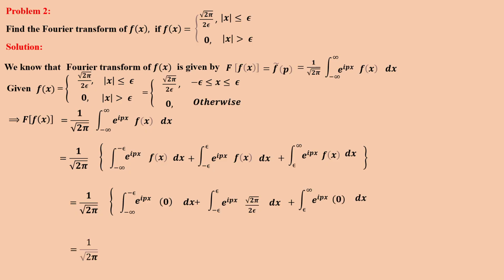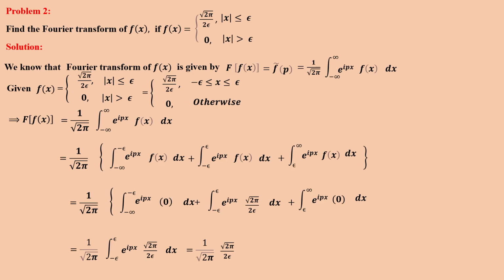That is what is given, which is equal to 1 by root 2 pi integral. So 0 into something is 0, so the other two integrals vanish, and we get integral from minus epsilon to plus epsilon e power i p x root 2 pi by 2 epsilon dx.